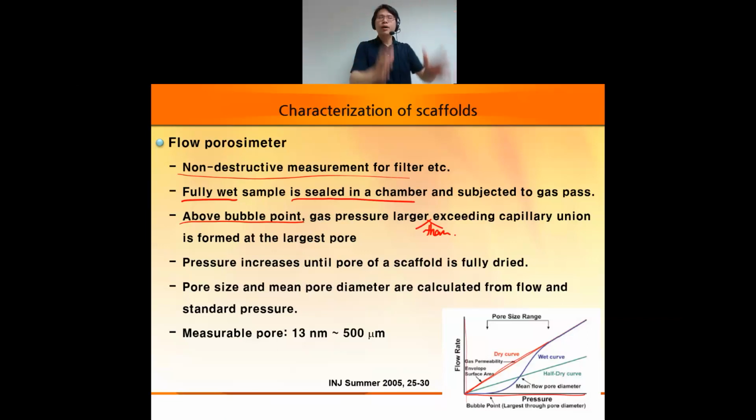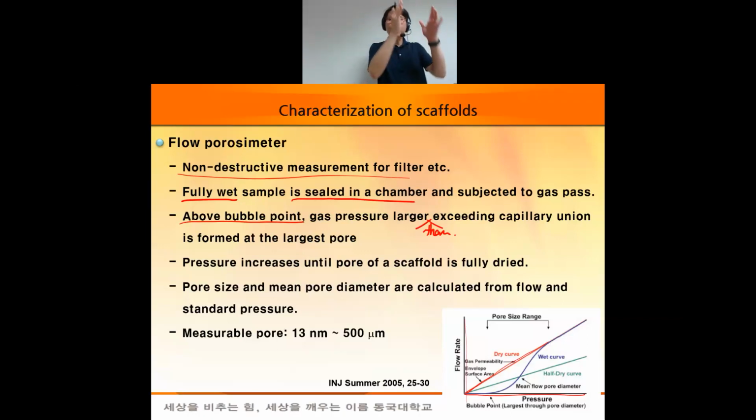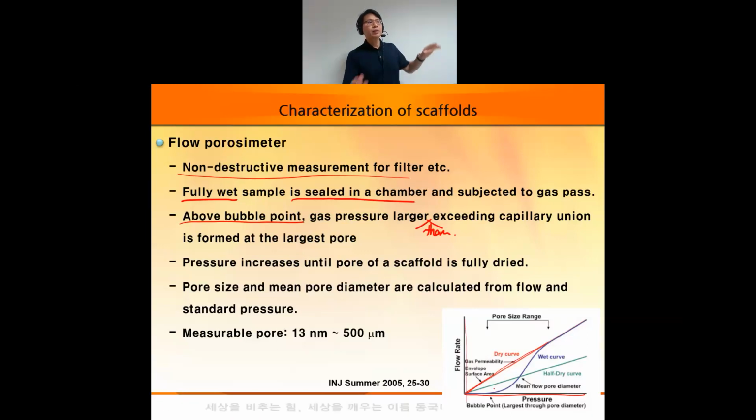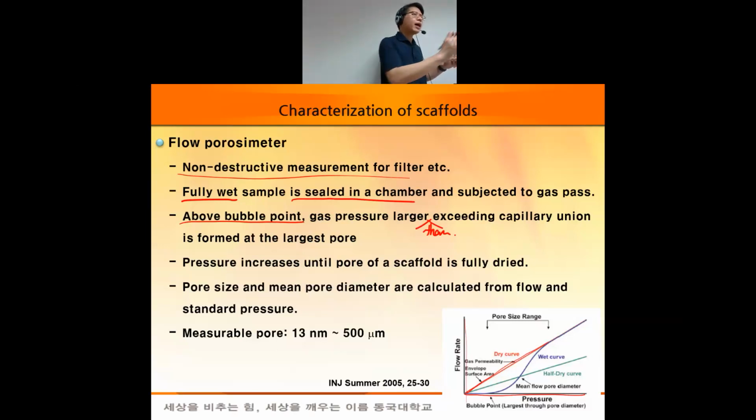But when the sample is blocked by water in the wet curve, at a certain threshold point, the pressure is not enough to push out the water molecules. But at a certain threshold pressure, the gas can push out the water molecules.